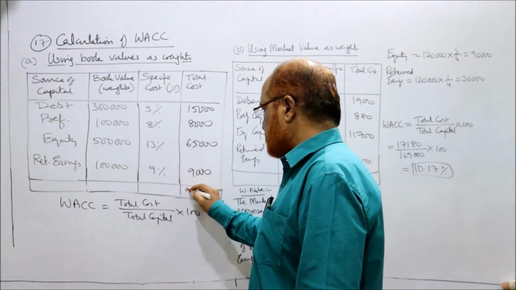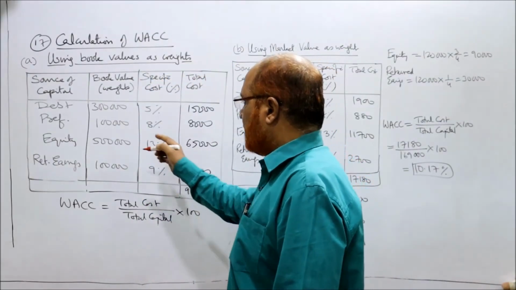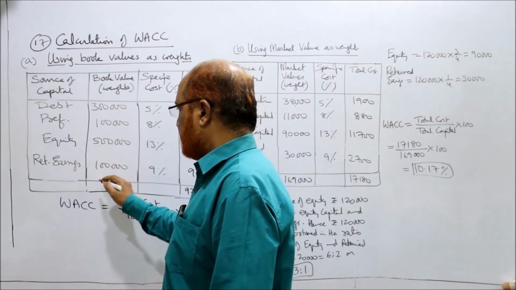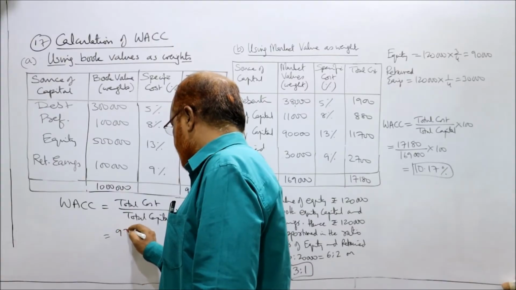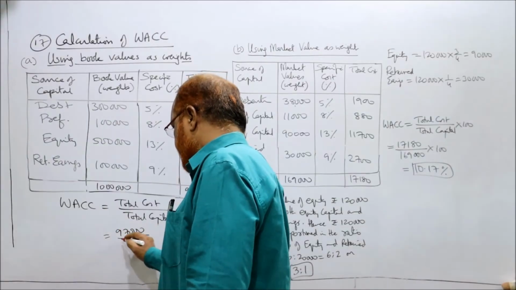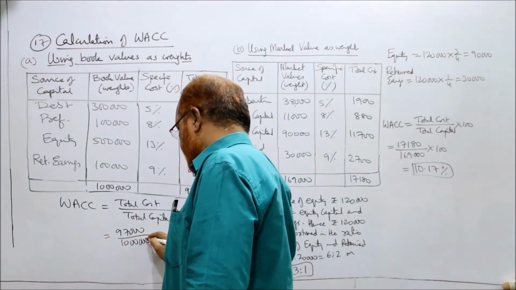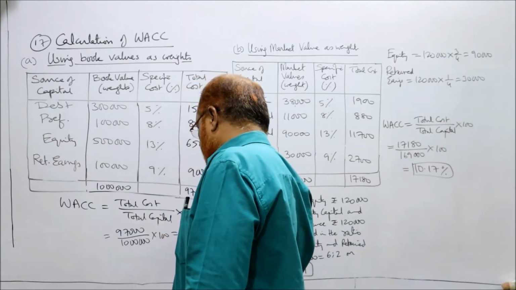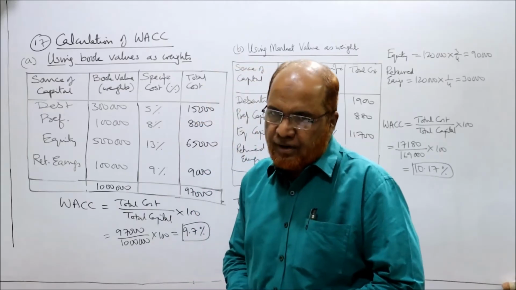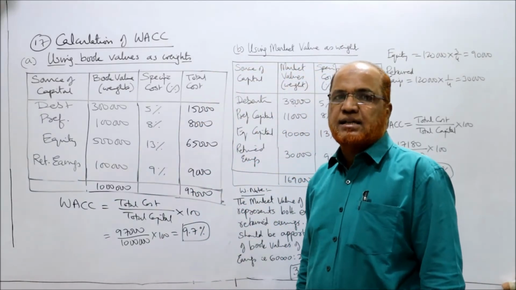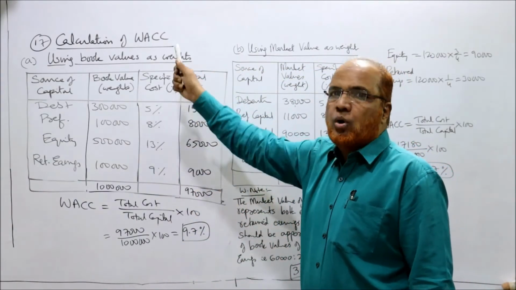Total 97,000. Here it is 5, 6, 7, 8, 9, 10 lakhs. So we got 9.7% as the WACC by using book value weights.